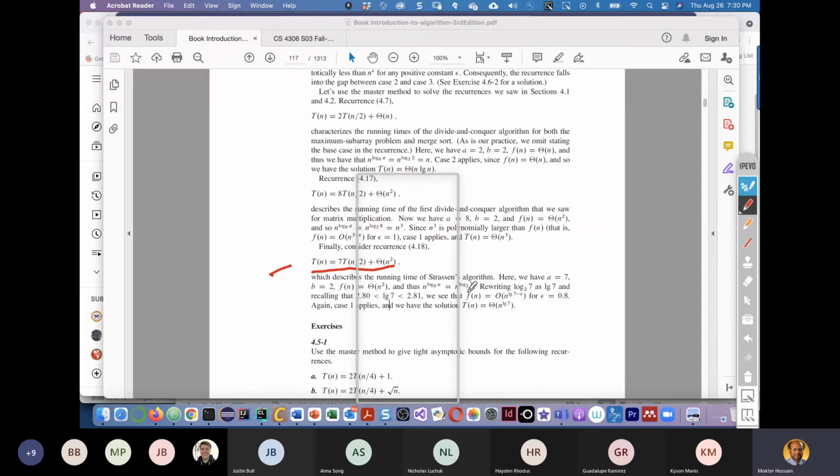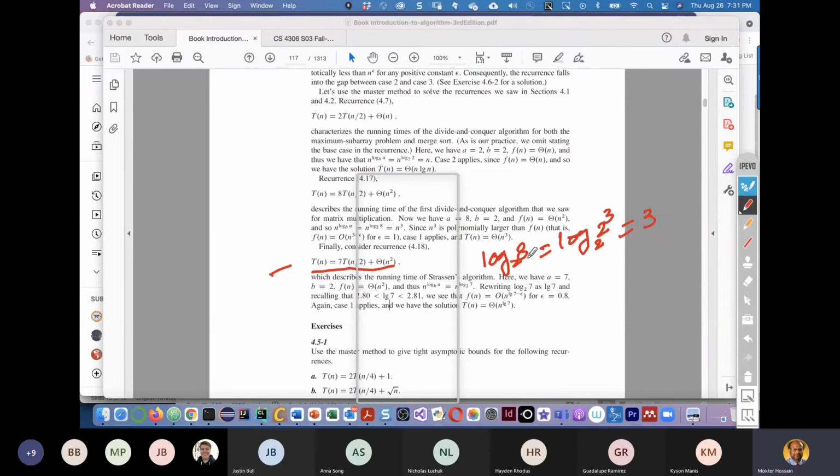We know that if it were log 8 with base 2, it would be 3, since 2 to the power 3 equals 8, right? But it is 7.